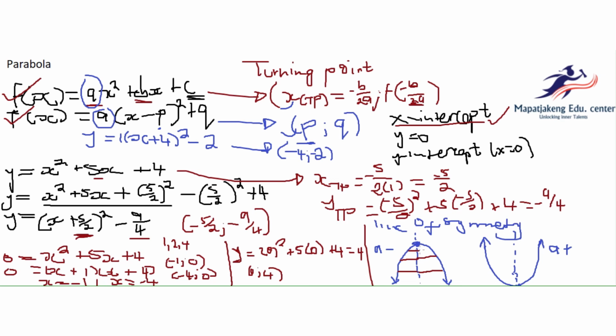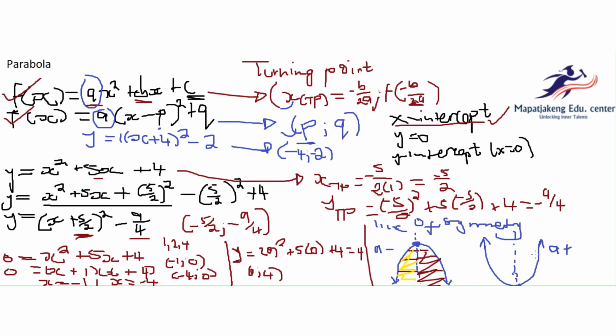Even here will be equal. That's what the line of symmetry does. It cuts the parabola into two. So this right portion will be equivalent to this left portion if we're calculating the areas. That's what line of symmetry means.